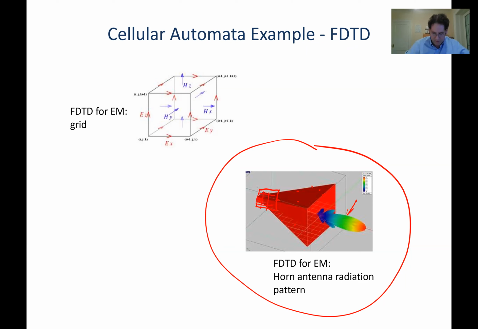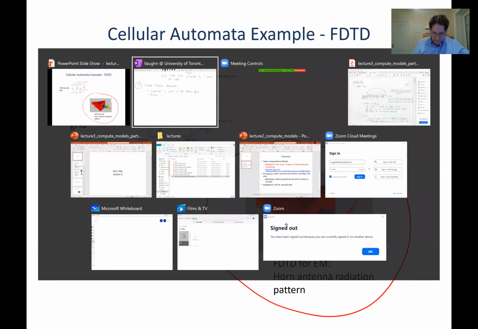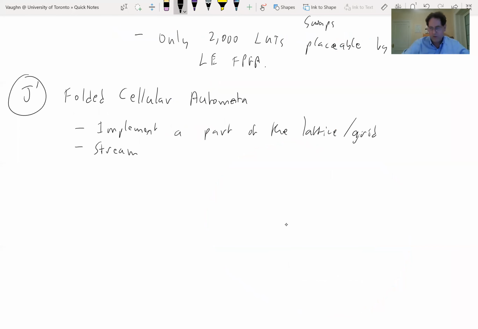So we can model maybe this part of the antenna first, update all of its electric and magnetic fields, and then we basically have to send that data back through and compute this part of the grid. Send data back through and compute this part of the grid. So we get something that is partially parallel and partially sequential.